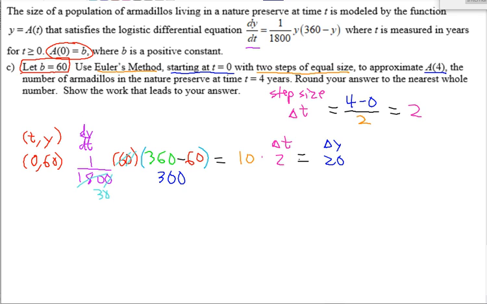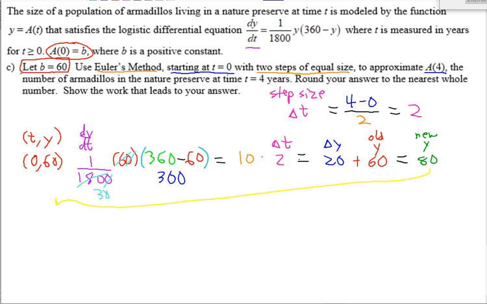Then you add the old y coordinate, or the initial y coordinate, which was 60 here, and that gives you your new y coordinate of 80. So that's one step, one time through the Euler's method process.